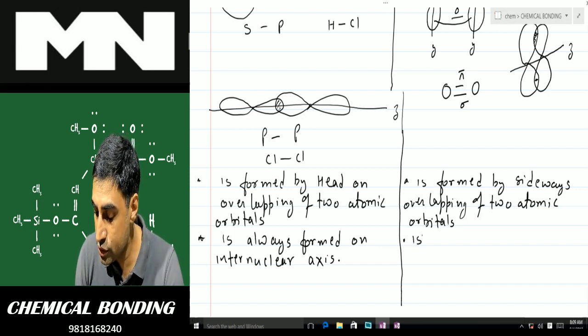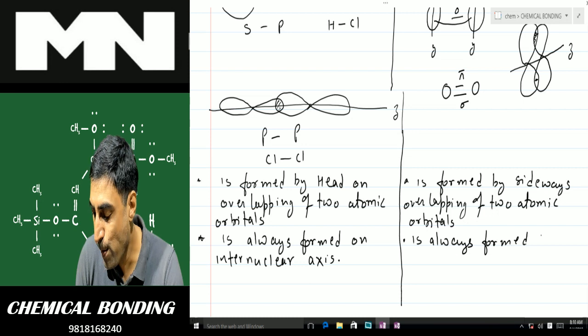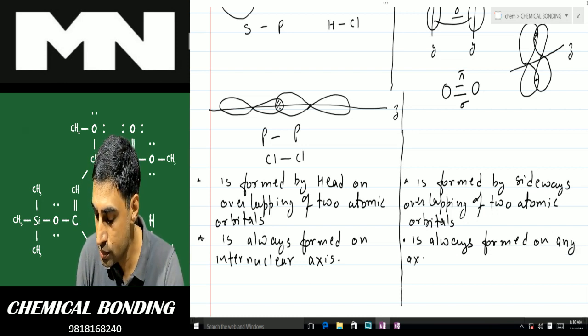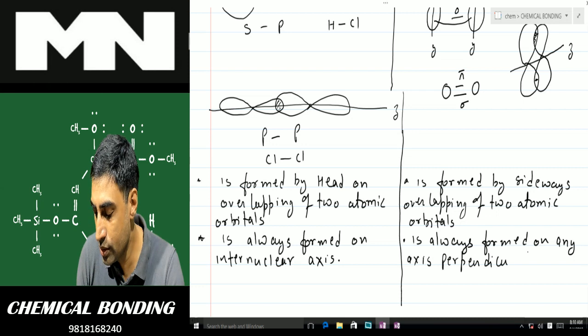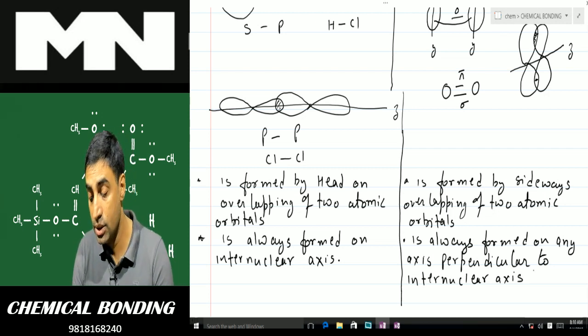Pi bond is always formed on any axis perpendicular to the internuclear axis. Perpendicular to the internuclear axis.